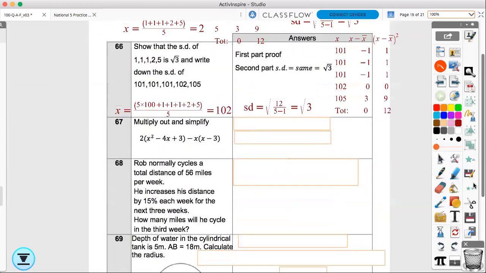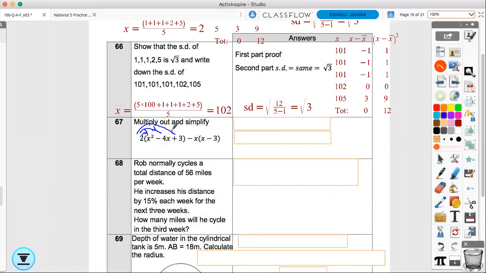Multiplying out. So we've done quite a few of those before. In order to do that, remember, every term needs to be timed by 2. And the thing to watch for is this 2 here is positive 2, right? If you don't have anything in front of it, it means positive. If it was a negative, they would have put the minus. And when you do a positive times a negative, you will get a negative.